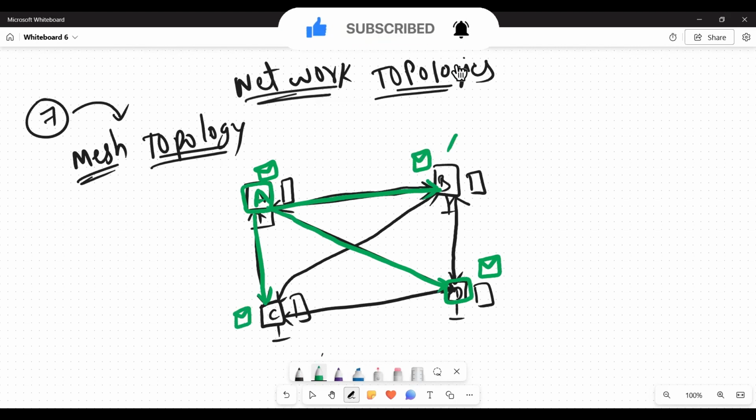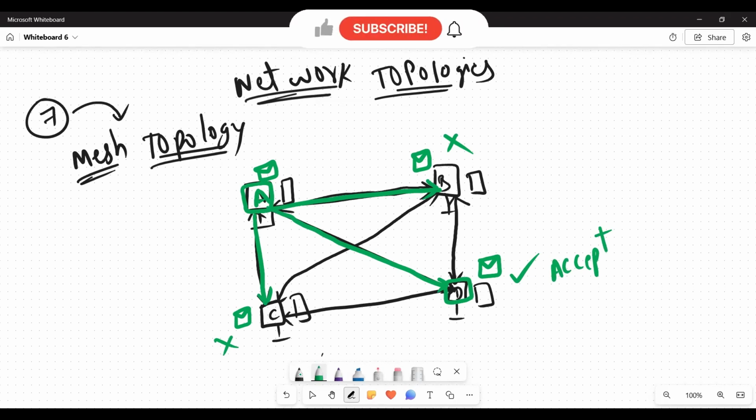Then B will reject, C will reject, and D will accept. This type of data transfer we call mesh topology.